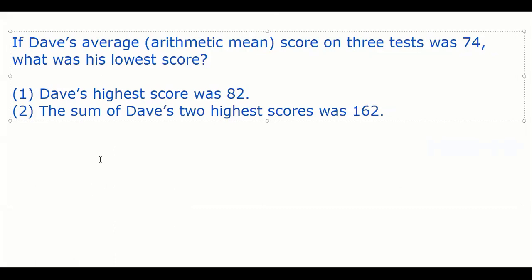If Dave's average is 74 on 3 tests, what was his lowest score? If Dave's average score on 3 tests was 74, what was his lowest score? We have to find out whether we can find the lowest score or not.